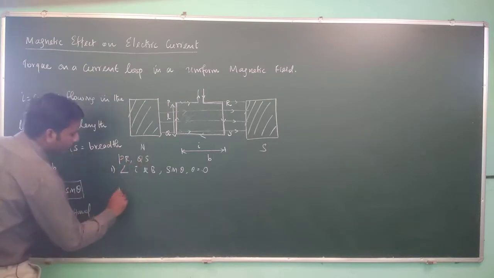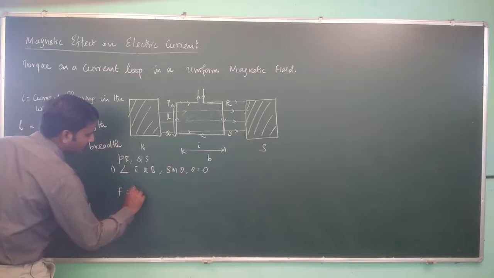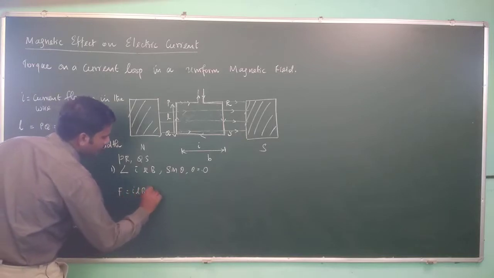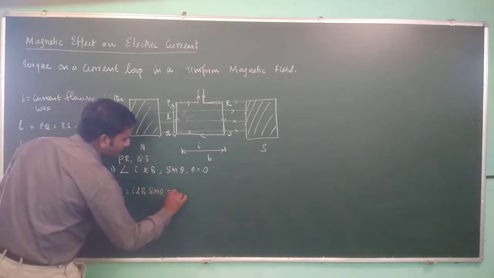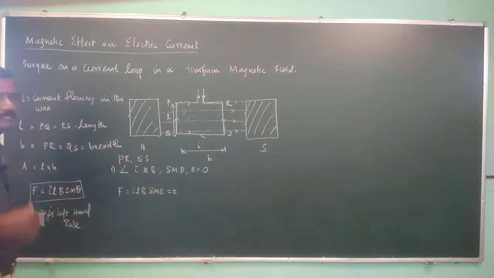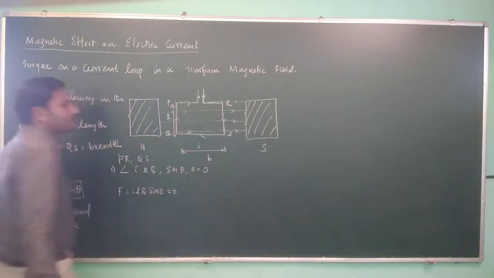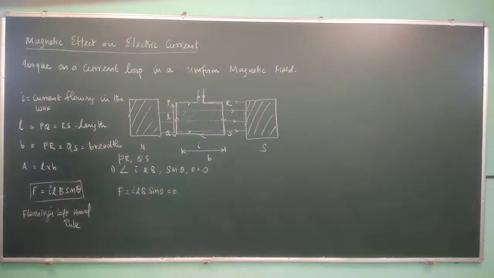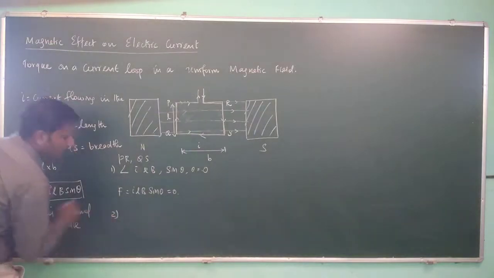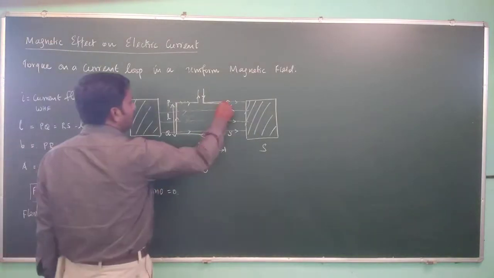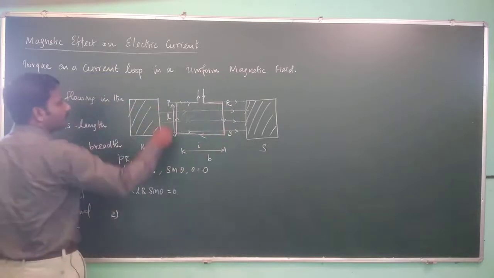In that case, what would be the force? Force is nothing but ILB sin 0, so this becomes 0. So there is no force experienced on the faces PR and QS. Fine. And the second case, the face RS and the face PQ.